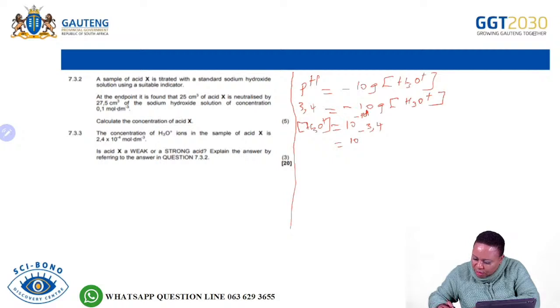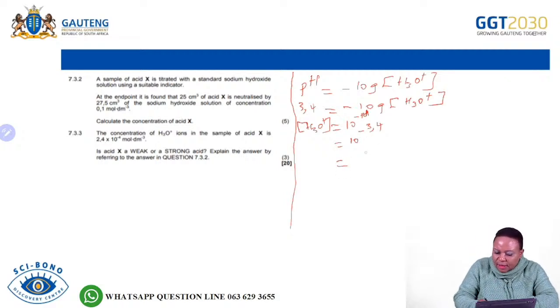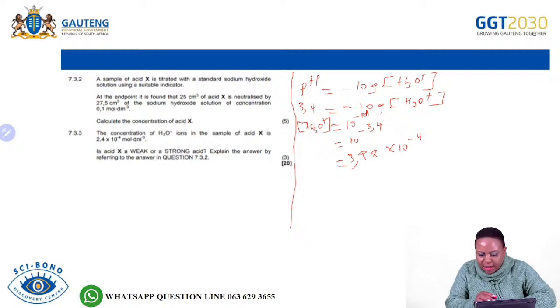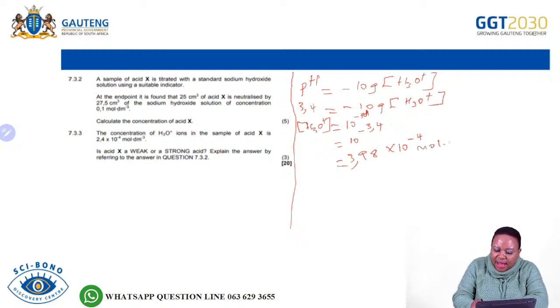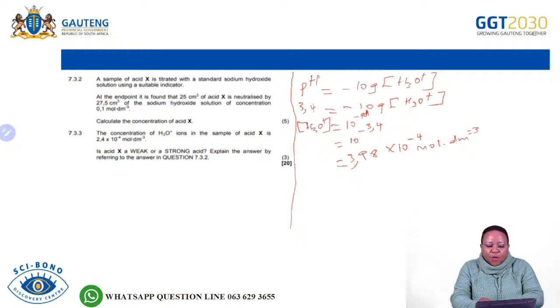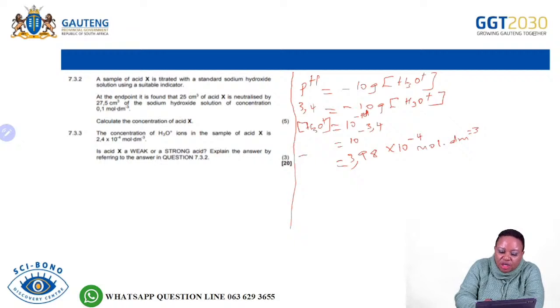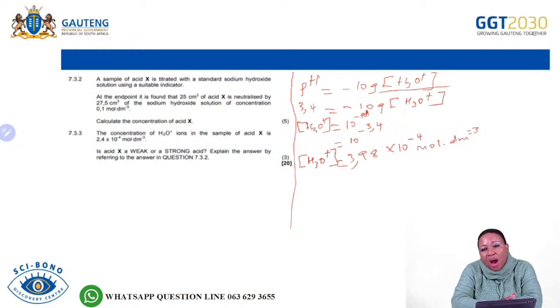It's going to be 3.98 times 10 to the exponent minus 4 moles per decimeter cubed. Therefore, we have calculated not the pH, but the concentration of our hydronium ions, because that is the concentration that is provided by our formula.